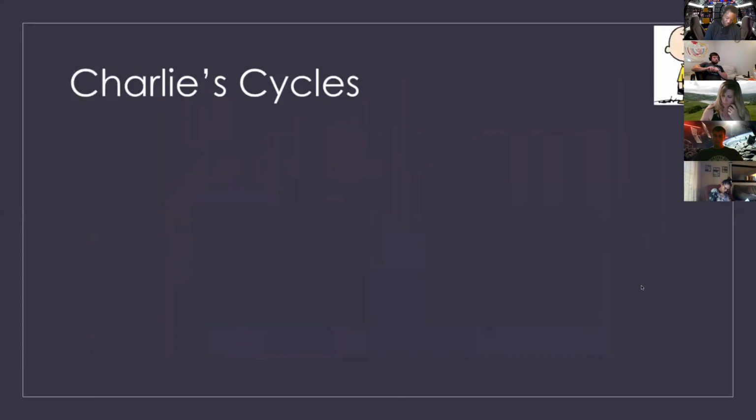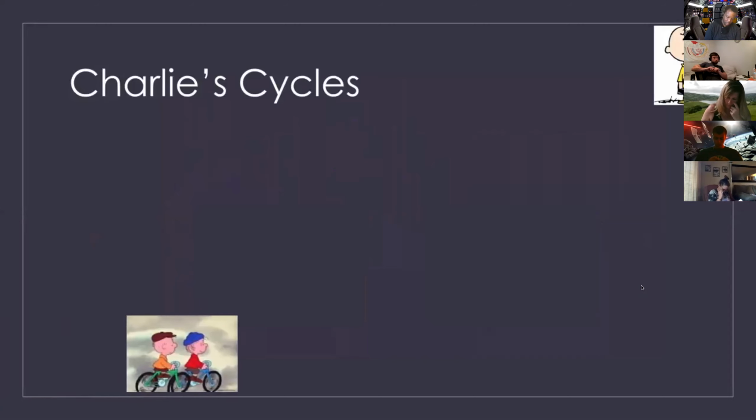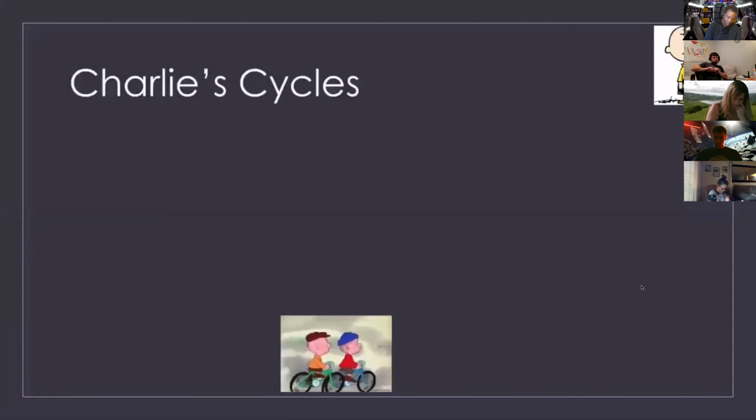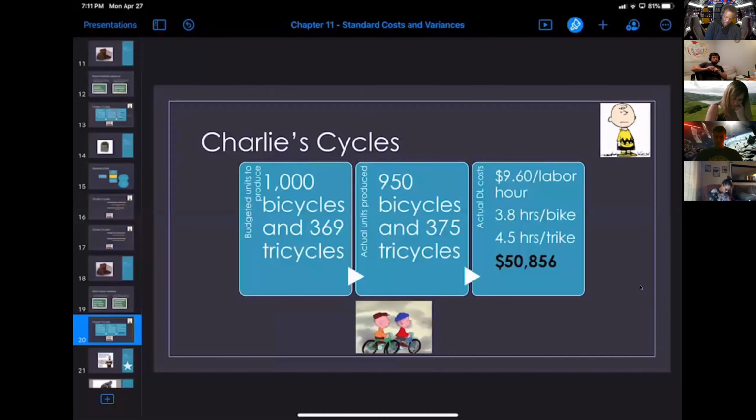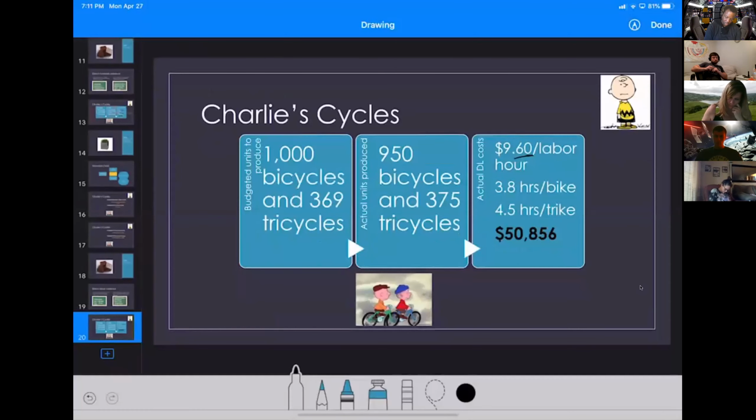Just to be clear, those numbers are coming from here: 3.8 hours for the bicycle, 4.5 for the tricycle.